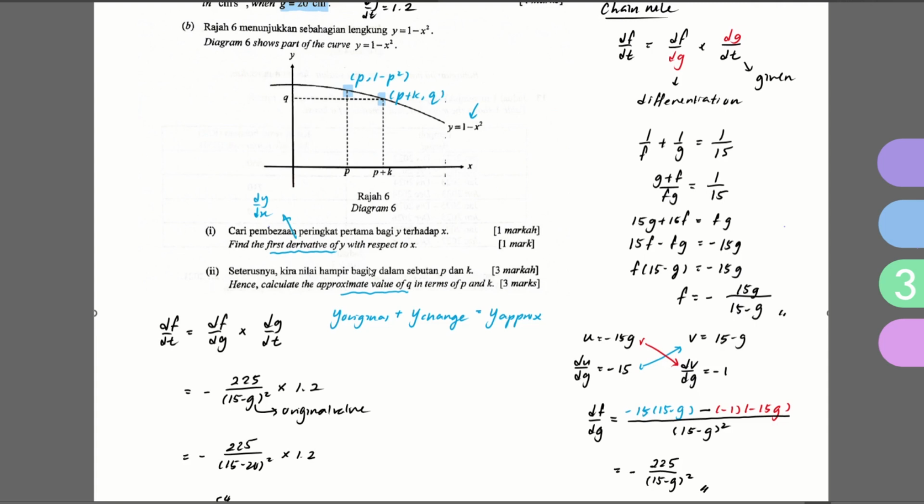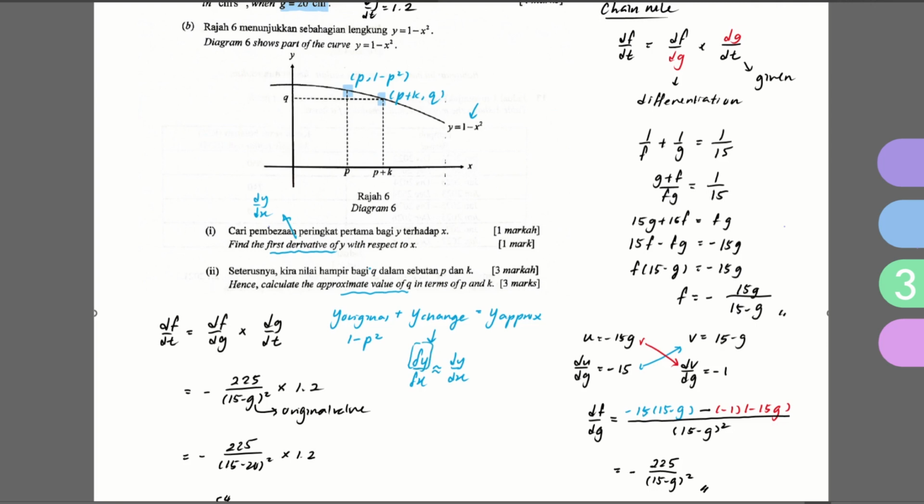So by looking at the diagram, since q is a y coordinate, we can use the first point's y coordinate, which is 1 minus p squared, as our reference or as the original value before changing. And to find the small change, we need to use this equation. So the small change represents this delta y.